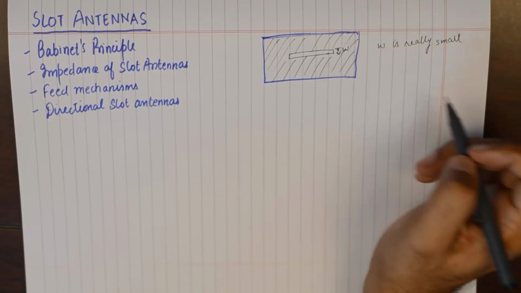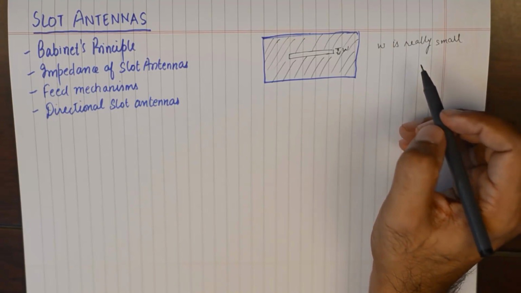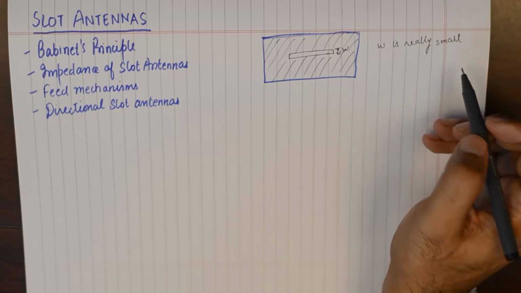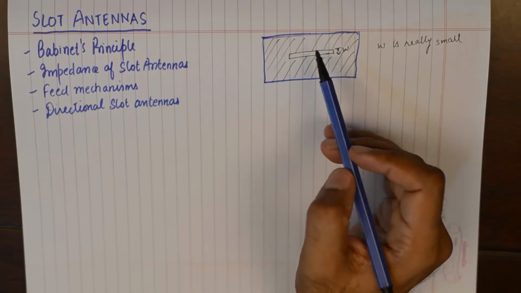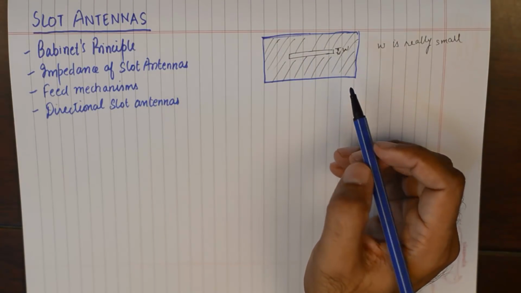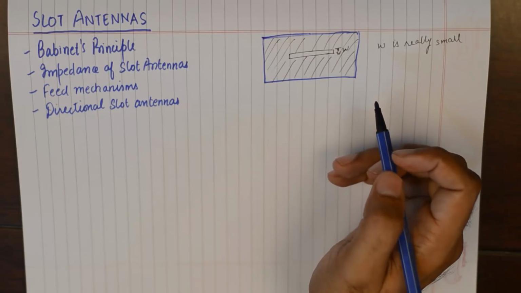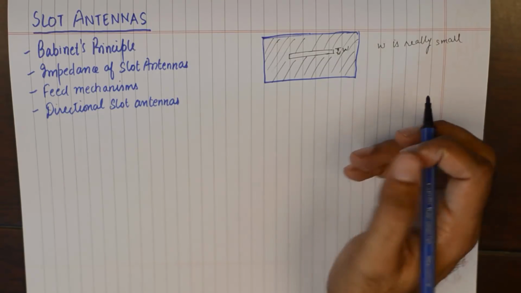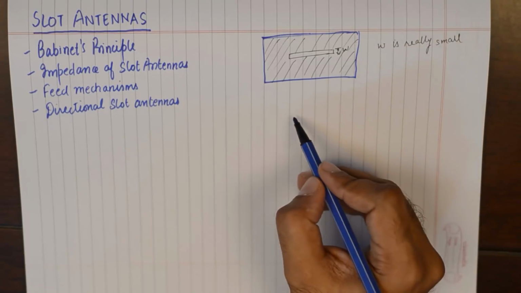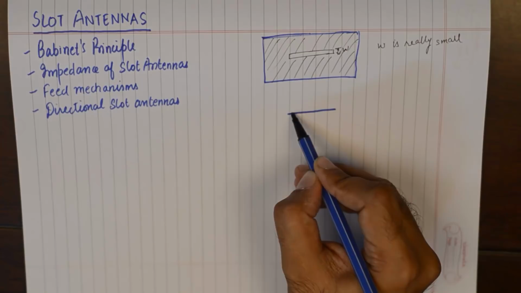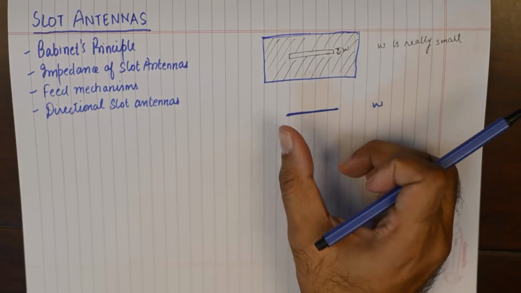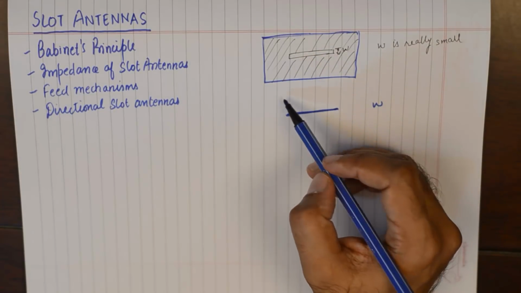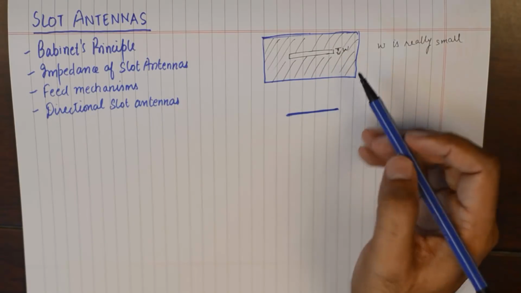Now when W is taken to be really small, we try to imply that this slot in the sheet is exactly the opposite of a wire in the air. Now if we consider a wire with the same thickness W and the same length, this is exactly the opposite of what we have here.